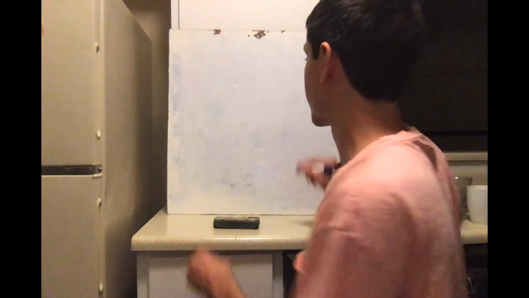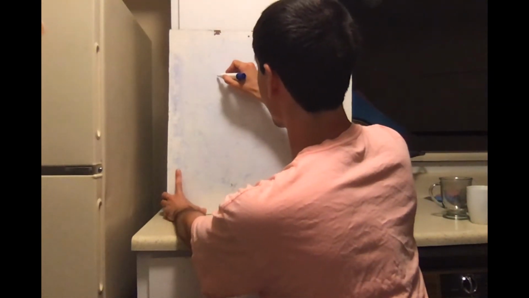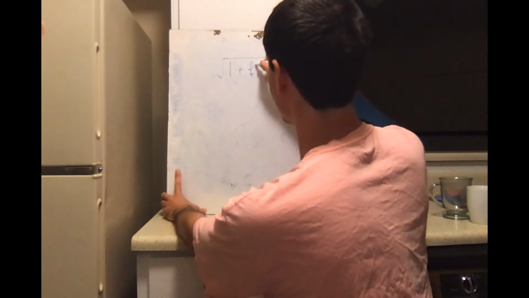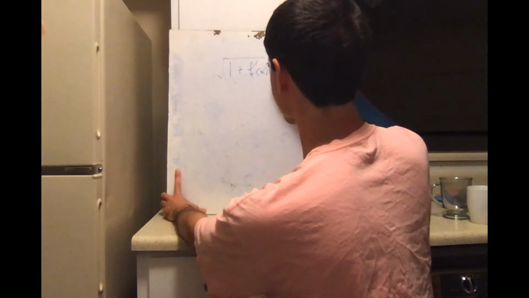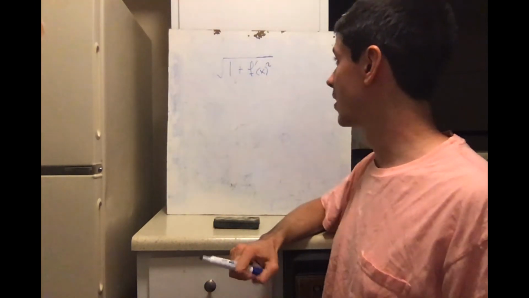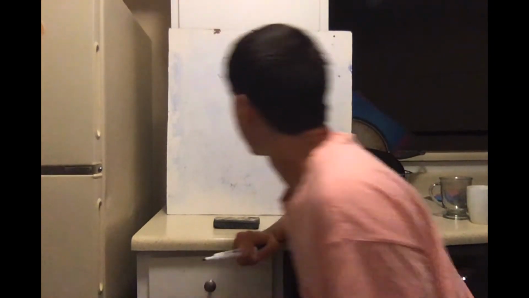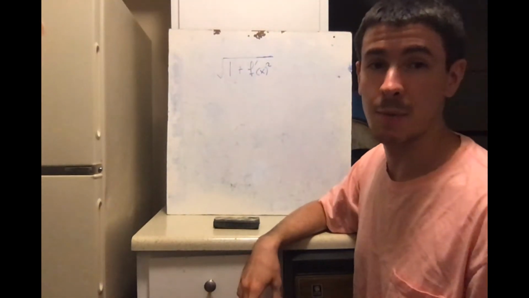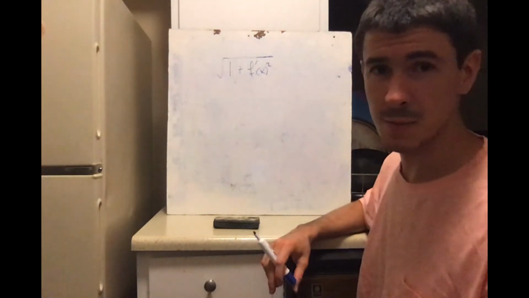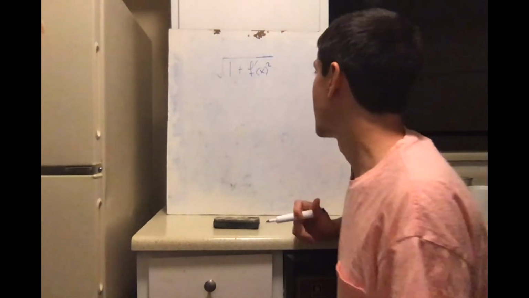So the integral that we're taking involves this expression, 1 plus f prime of x squared. Let's think about some cases that we can deal with very well, where we can deal with this expression very well.